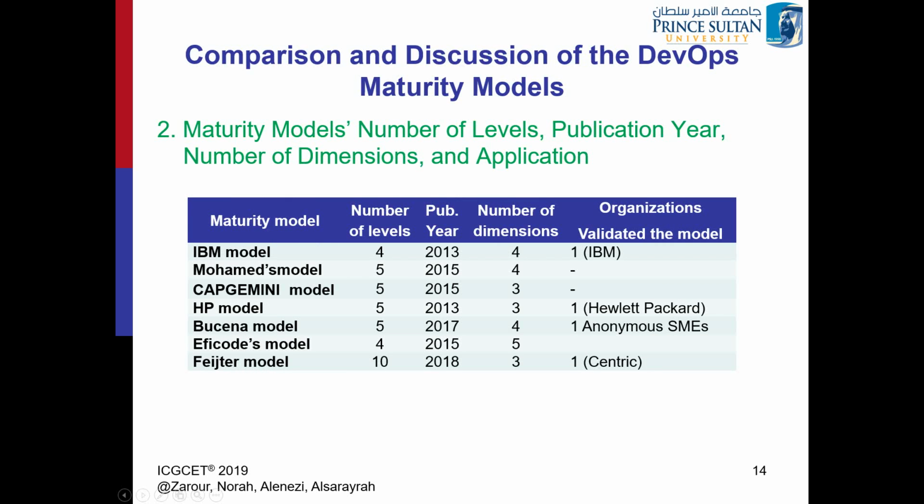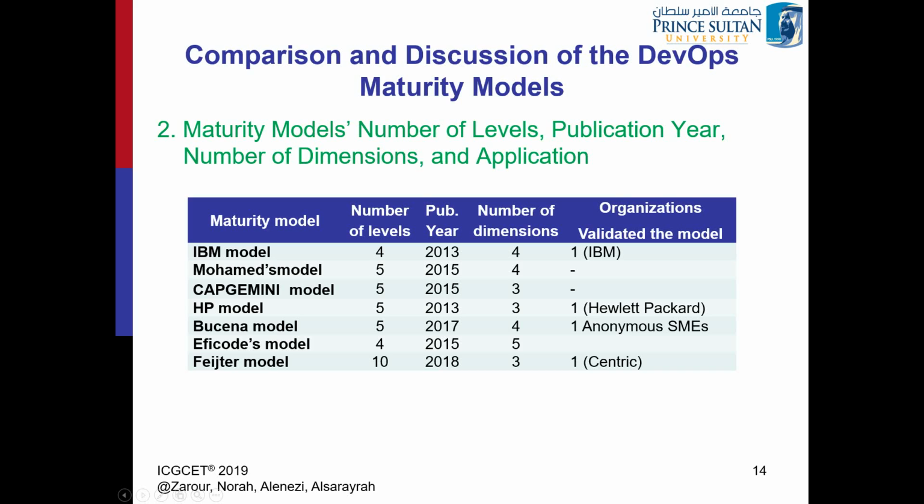Now, regarding the number of maturity levels, publication year, number of dimensions, and application of the model, as you can see here, the IBM model has 4 maturity levels. Then MOHAMED's model has 5, CAPGEMINI 5, Eticode has 4, and Feiter has 10.